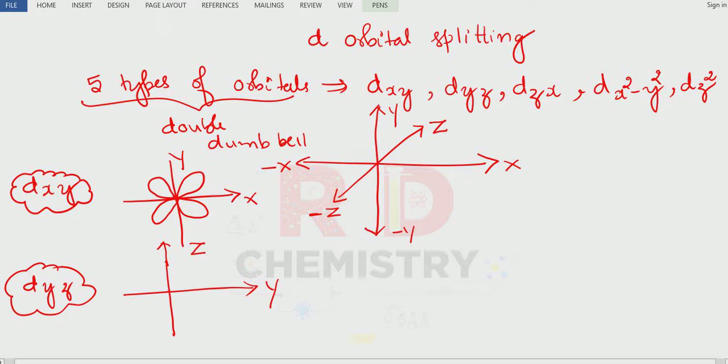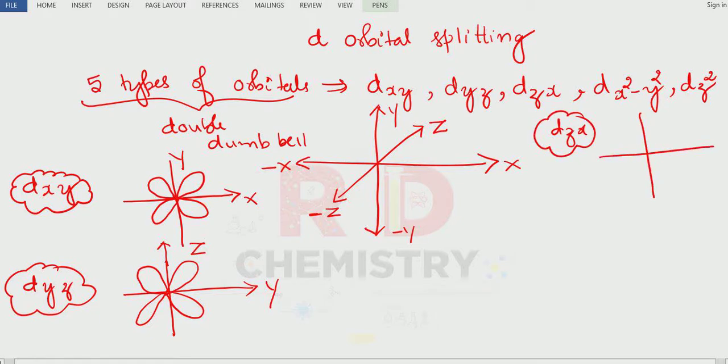So here dumbbells are also there in between the axis, between y and z axis. Next one, dzx. Here also, I don't want a third axis, that is the y axis. So let me rotate all these axes, let it be x and this is the z. Here also lobes are there, dumbbells are there in between the axis.